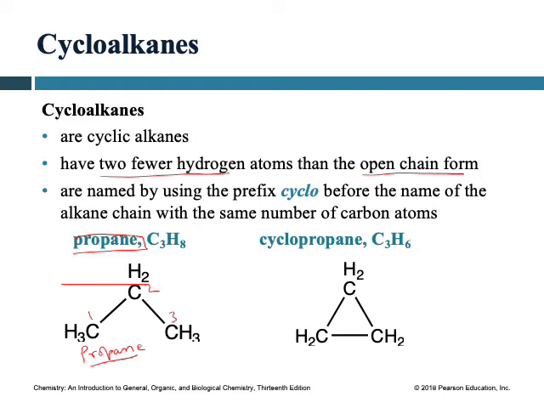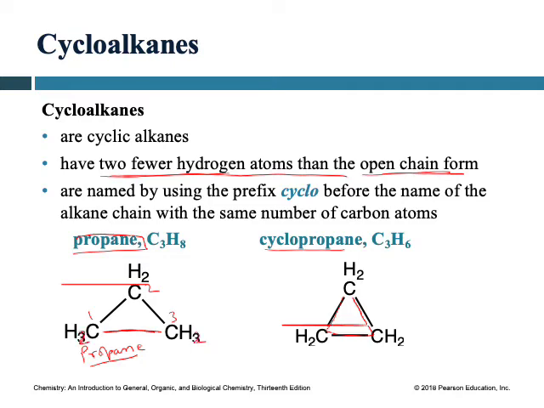Whereas cyclopropane, which is a ring type structure, if you can see, forms a closed circular ring, or cyclic ring, right? And it has 2 fewer hydrogen atoms than the open chain form. That means if you have to make a bond between these 2 carbons, what's going to happen? You have to remove one of the hydrogens from this end and one of the hydrogens from this end, so that it becomes CH2.